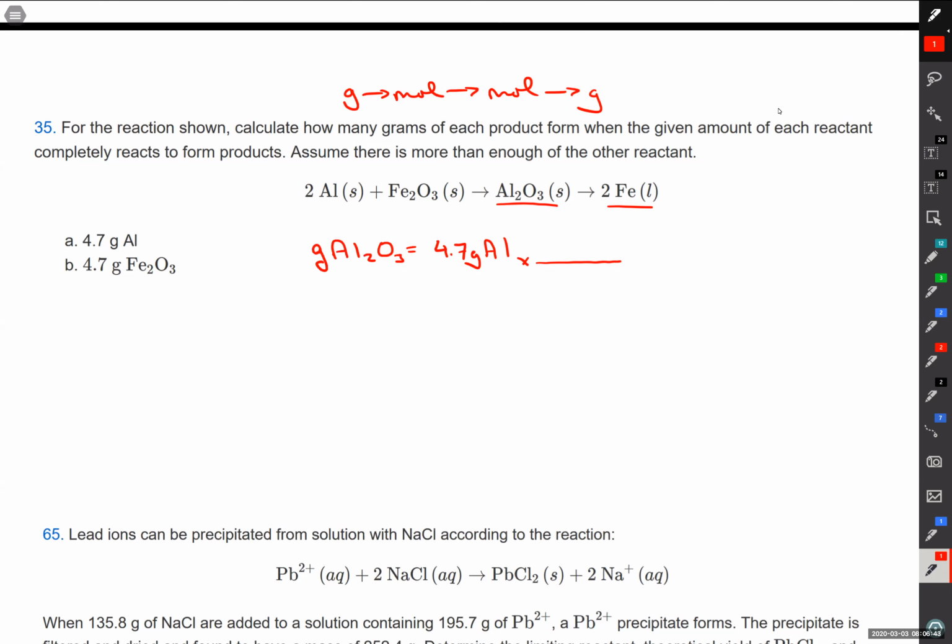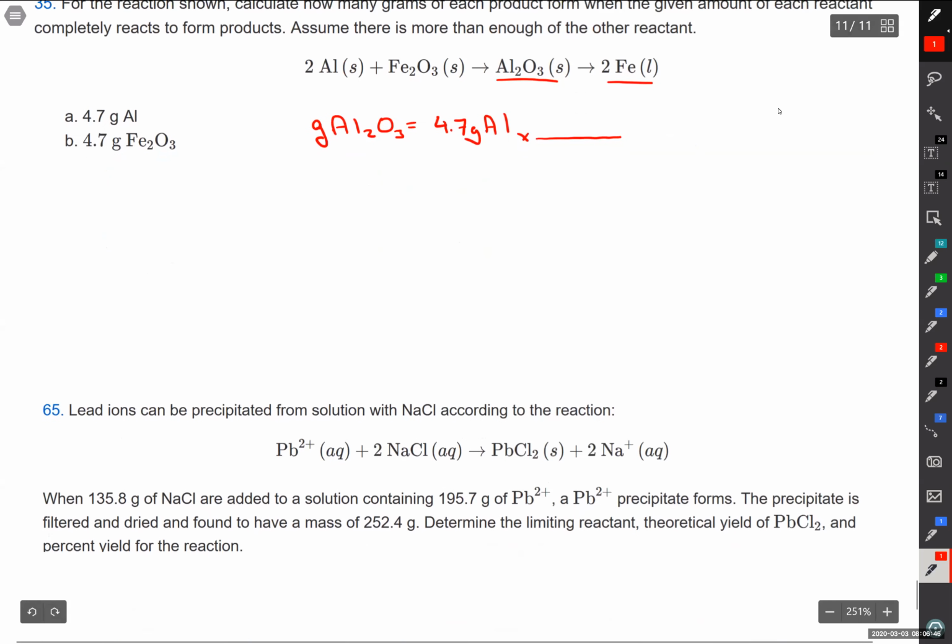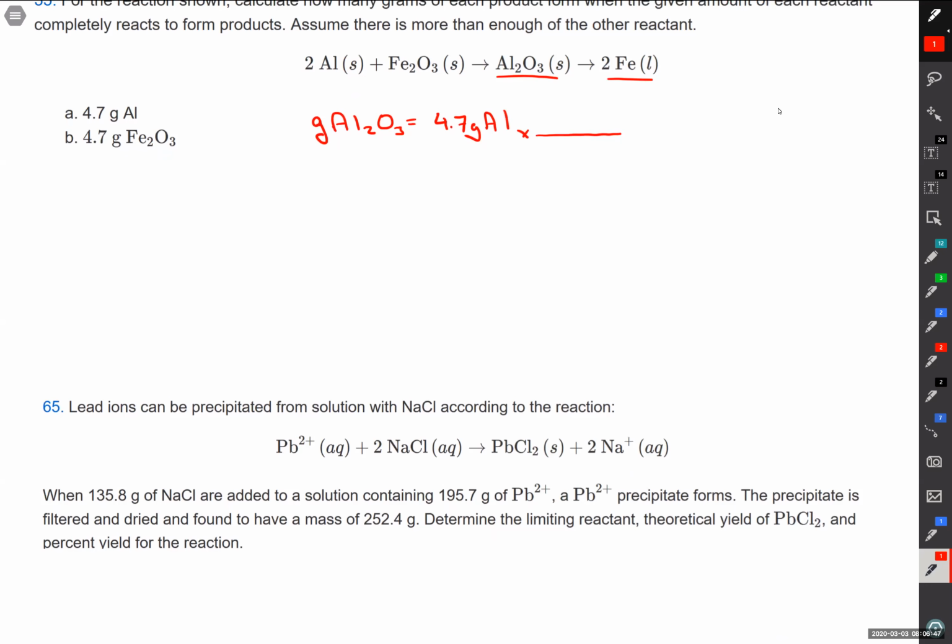The first thing we want to do is convert it to moles. And so for aluminum, the molar mass is what, 26 point, there we go. 26.982 grams of aluminum for every 1 mole of aluminum. And then I need to do my mole-mole conversion.